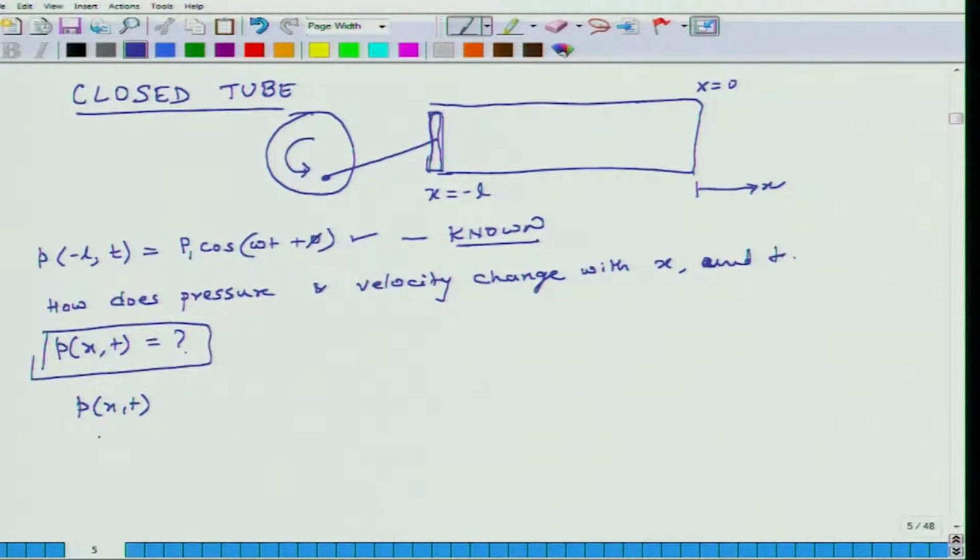and we will do that by writing these transmission line equations. So we have seen, and we proved it in the last class, that for one-dimensional systems the pressure and velocity can be expressed as this particular relation.